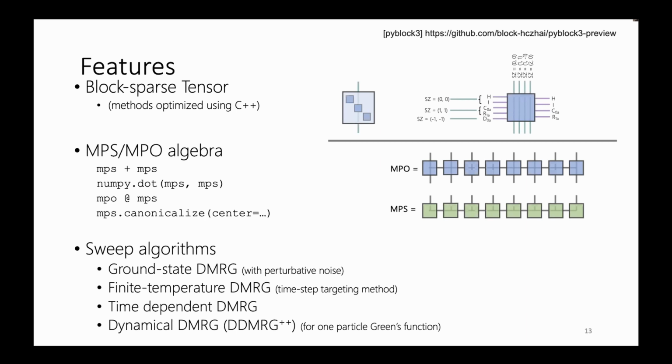Finally, we have implemented a variety of sweep algorithms, including ground state DMRG with perturbative noise, finite temperature DMRG using time step targeting method, time-dependent DMRG, and dynamical DMRG, which can be used, for example, for solving one particle Green's function. All of these can be implemented in PyBlock 3 using less than 100 lines of code.